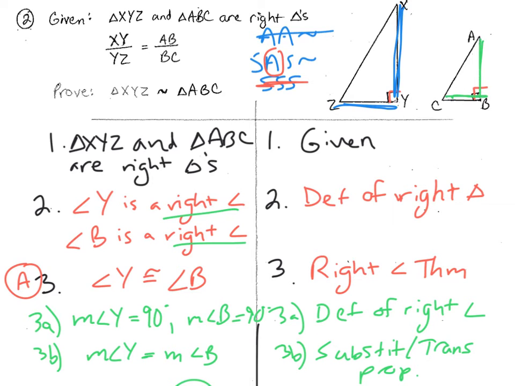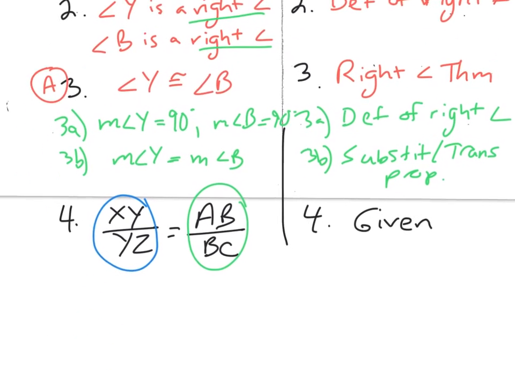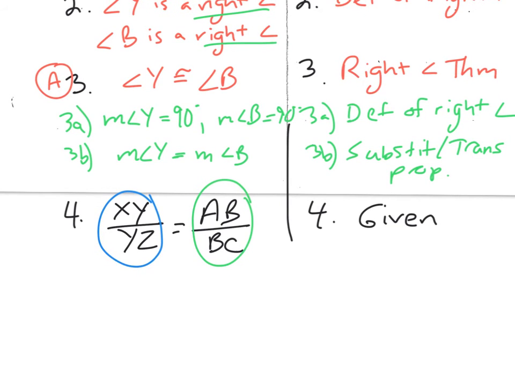Because the problem is when we do go to use this third case, we can't be matching up two sides in one triangle, because then what do we do with the third? So we're always going to be matching up a pair of sides, and then if we have a third one, we can match up the third sides. So I actually want to make my next step just a rearrangement of my proportion that I have here.